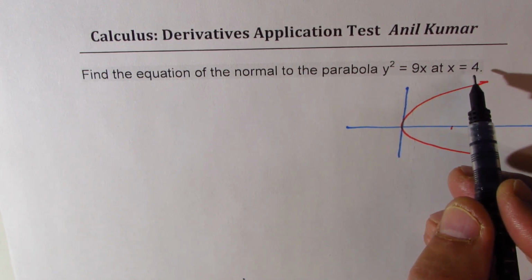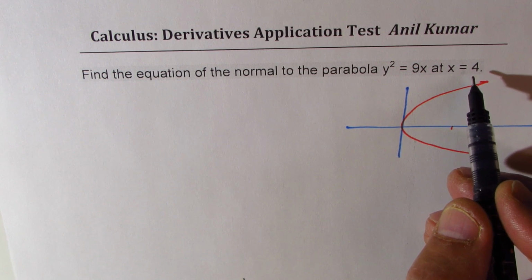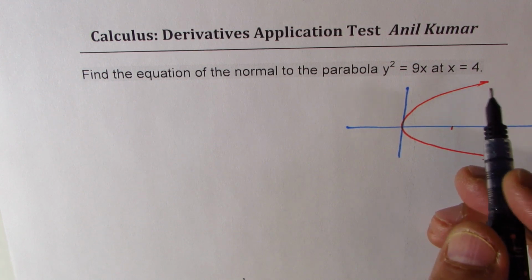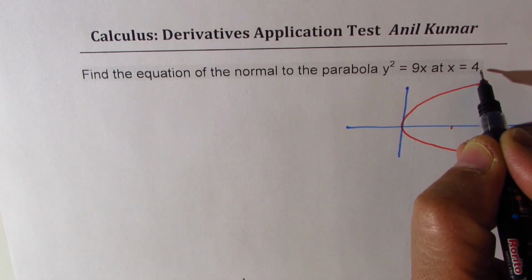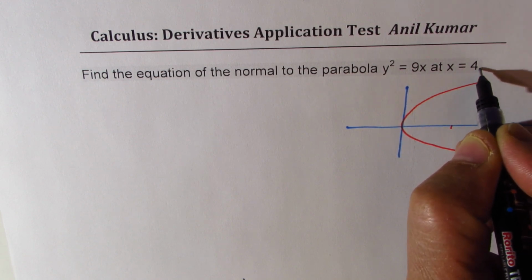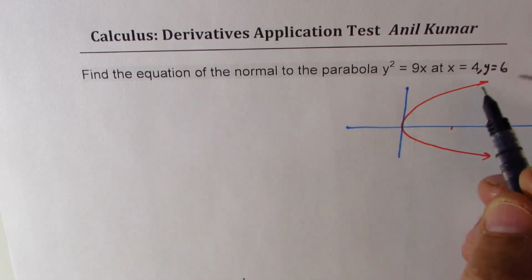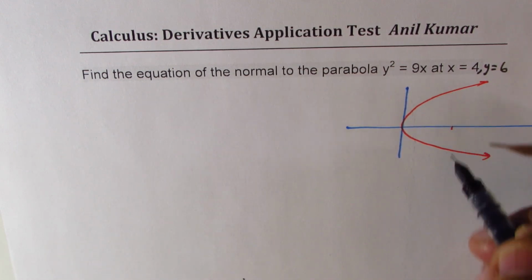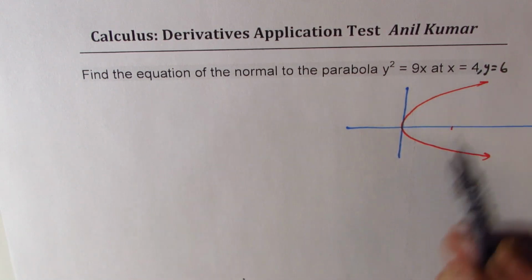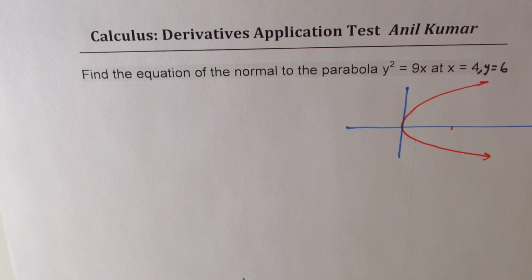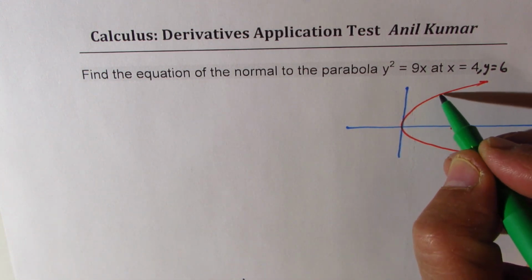Since we are given x equals 4, we will actually take the point (4, 6). We'll take the point x equals 4, y equals 6. Let's consider the point on the right side, okay? But it could be either one of them. So I just modified this question.